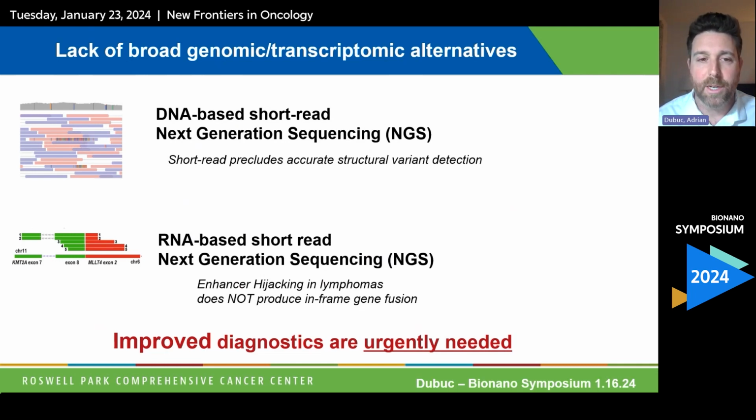While RNA-based strategies have been incredibly effective for detecting in-frame gene fusions, they can struggle with enhancer hijackers, where we simply have overexpression. And enhancer hijackers are, again, the more common of the structural variants that we observe in lymphomas. All this to say that improved diagnostics are urgently needed for this disease type.